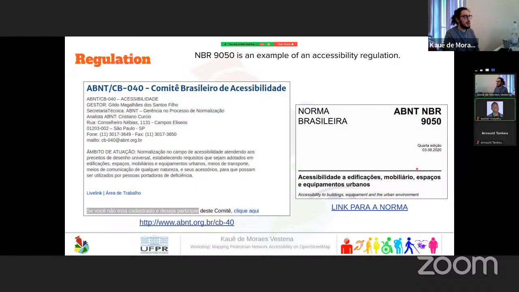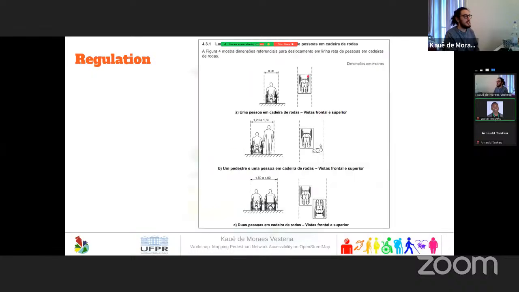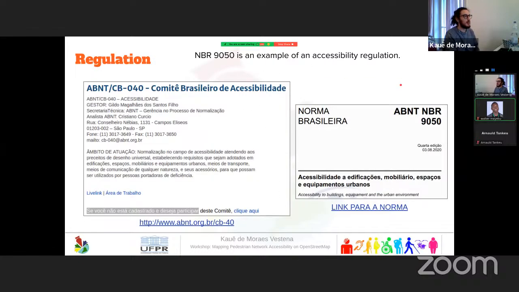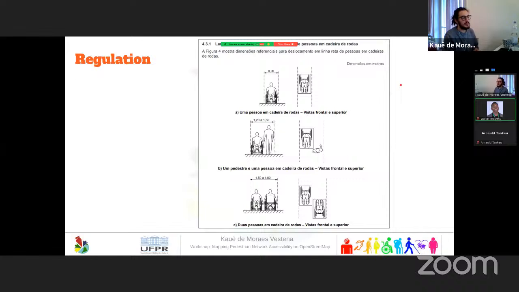Okay, so it's been discussed by a very large committee. So in this regulation, we have, sorry because that's in Portuguese, but it's more for showing the illustrations. So it has all the measurements that are minimal for an environment to be considered accessible.